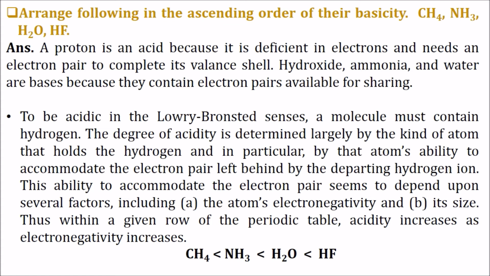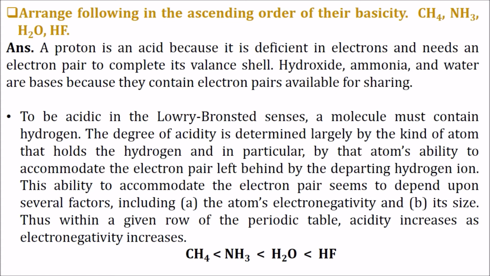To be acidic in the Lowry-Bronsted sense, a molecule must contain hydrogen. The degree of acidity is determined largely by the kind of atom that holds the hydrogen, and in particular by that atom's ability to accommodate the electron pair left behind by the departing hydrogen ion.